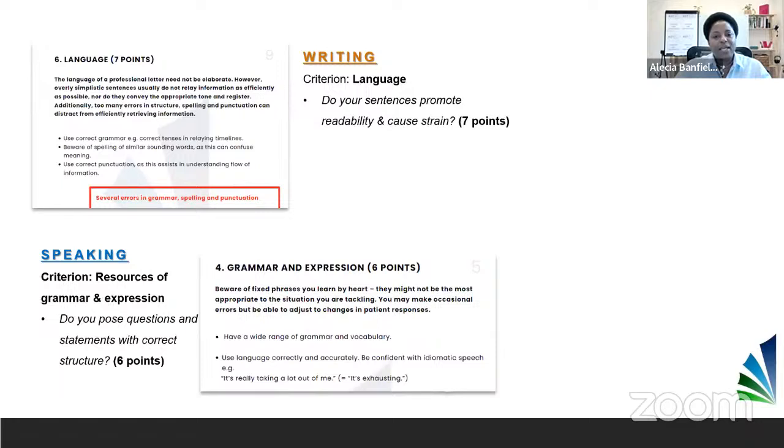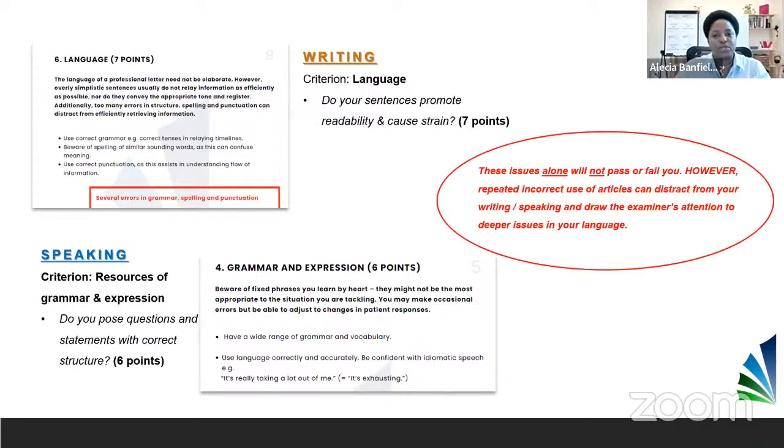Having said that grammar is important, the examiners are not sitting down with a pen, counting every single error you make and taking off marks. That's not how it works. So grammar alone, or use of an, a, and the alone, will not pass or fail you.